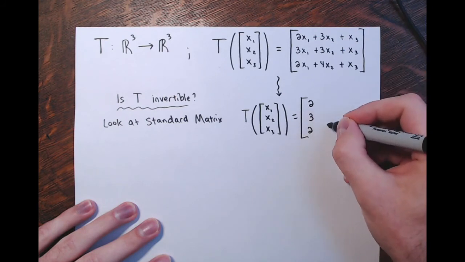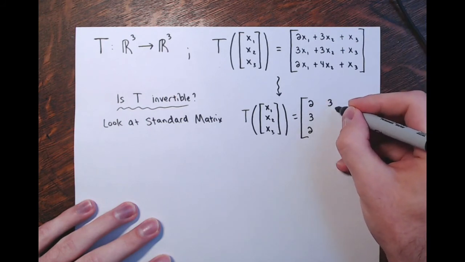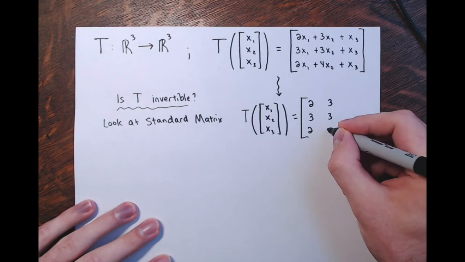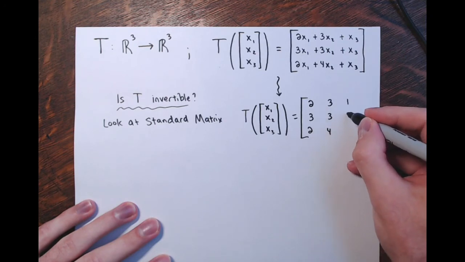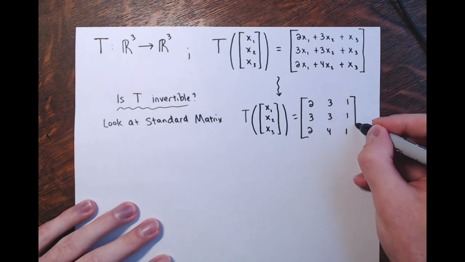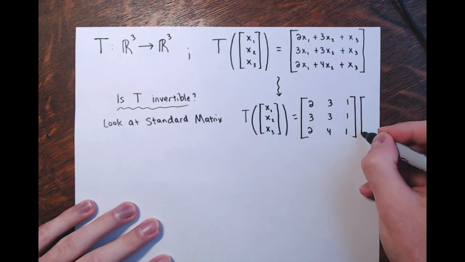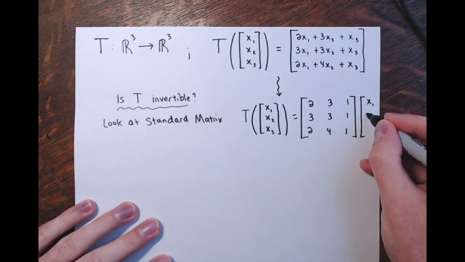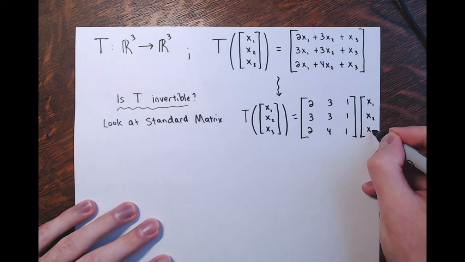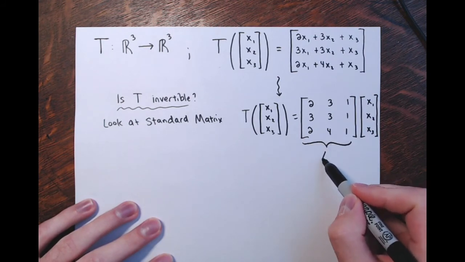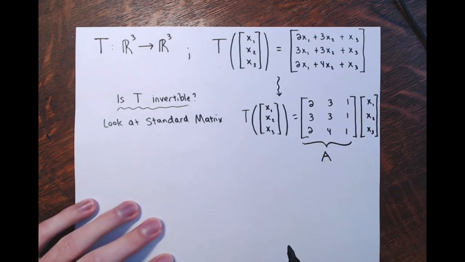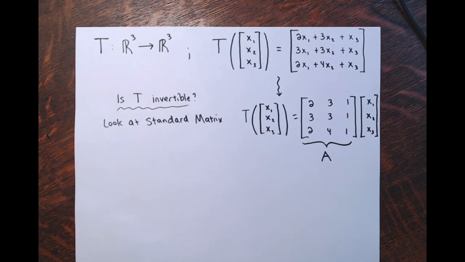Down the second column, the coefficients of x2: 3, 3, 4. Down the third column, the coefficients of x3: 1, 1, 1. That matrix, times the input vector. And here's the standard matrix, I'll call it A. There's the standard matrix for this transformation.